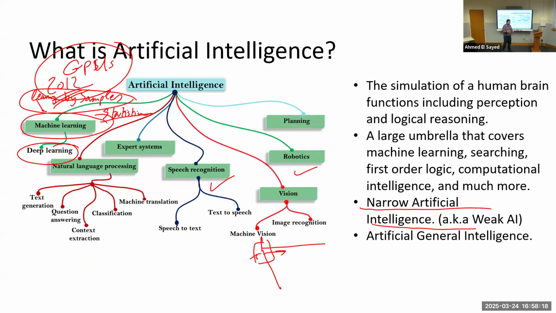Now, can we have one model that solves all of those problems together? Still not yet. But if we have that, we will call it artificial general intelligence, or AGI. I'm not sure if you heard this word before, but it is starting to be seen a lot these days.